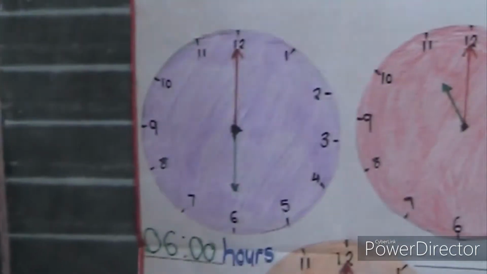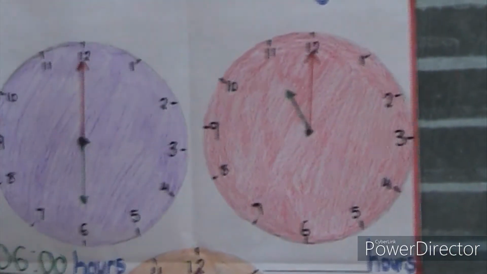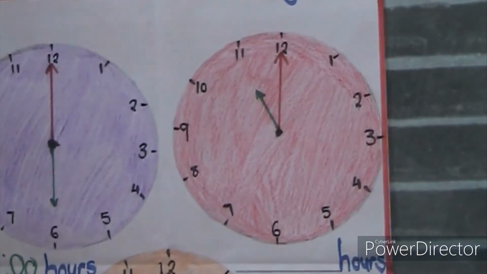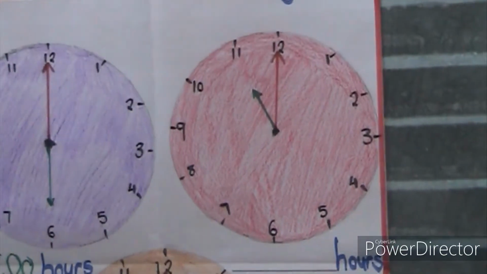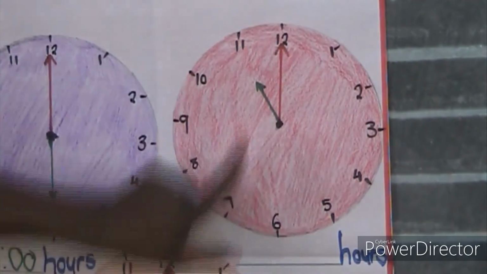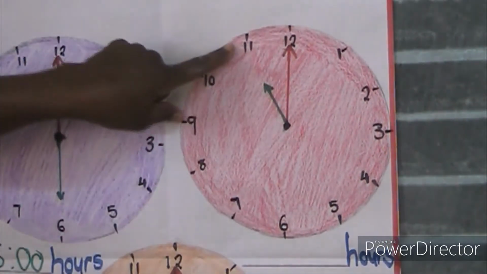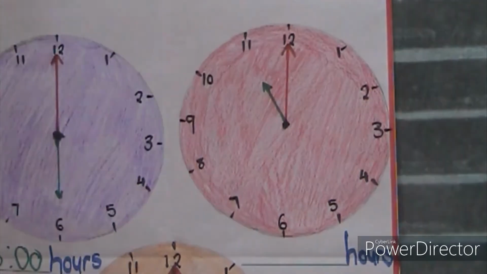If we look at the other clock, which is in red, we are also going to tell time in the morning by trying to see where the shorthand is pointing. The shorthand is in green. Where is it pointing? It is pointing at 11. So we are going to write 11 here.